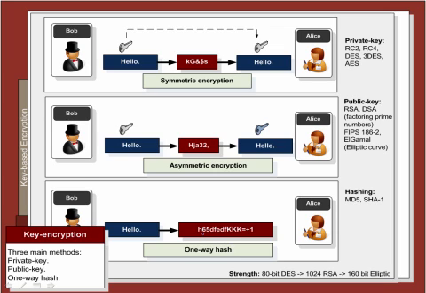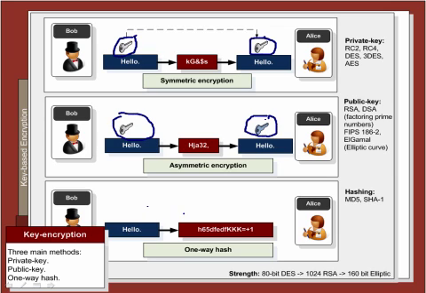The main methods, as we'll see, are defined as symmetric encryption. With symmetric encryption, Bob and Alice use the exact same key to encrypt and then to decrypt. We'll also look at asymmetric encryption, where we use a different key to encrypt and to decrypt.